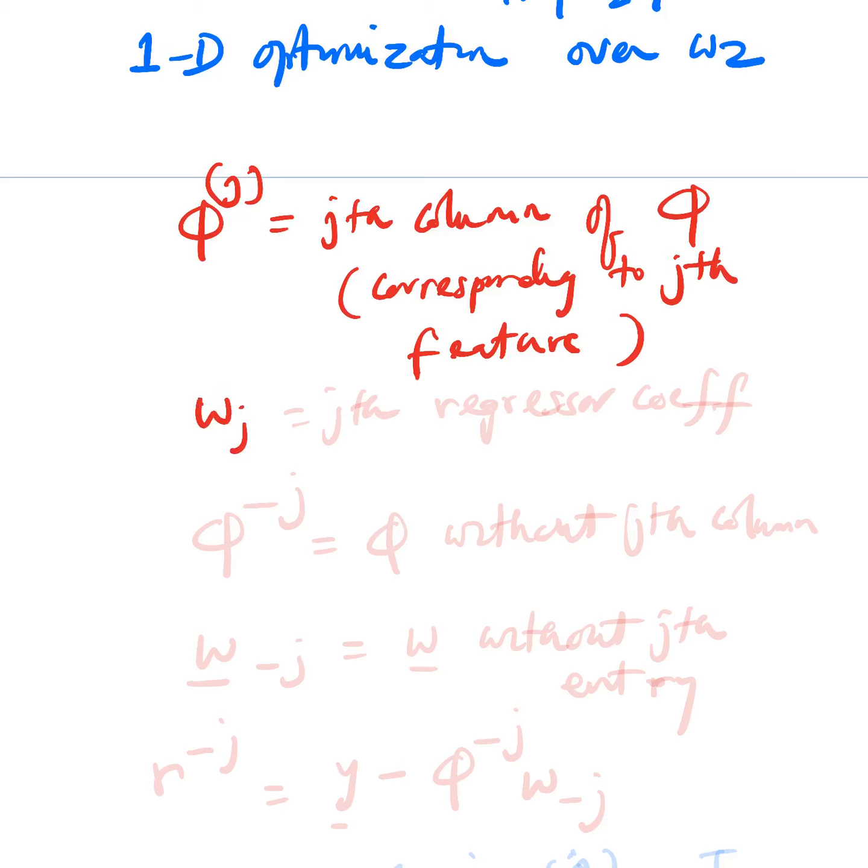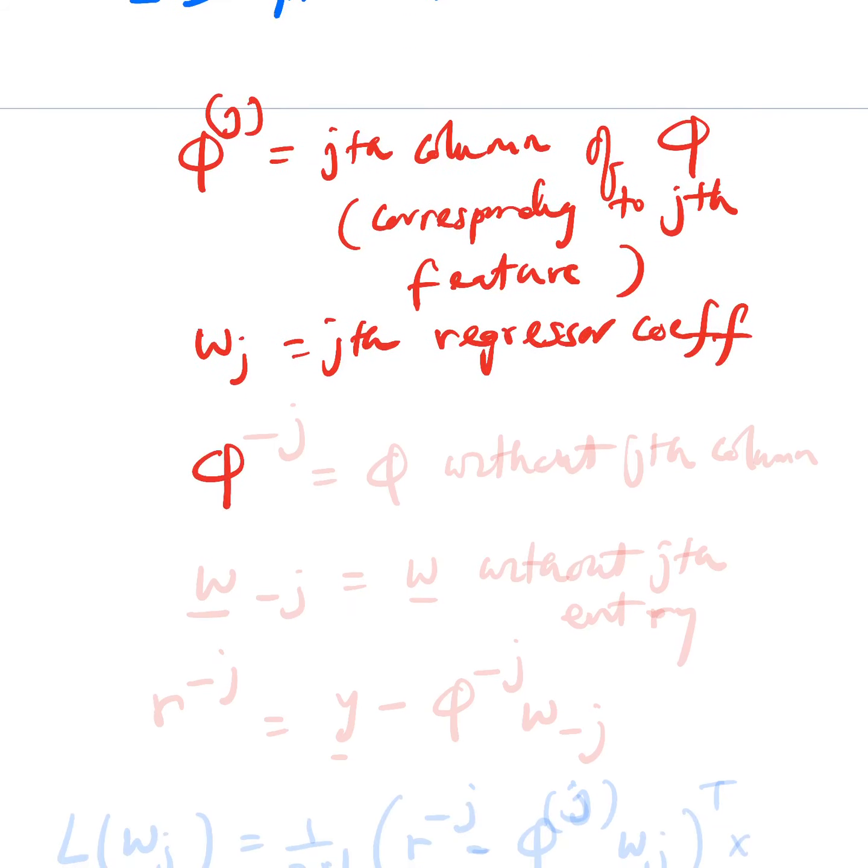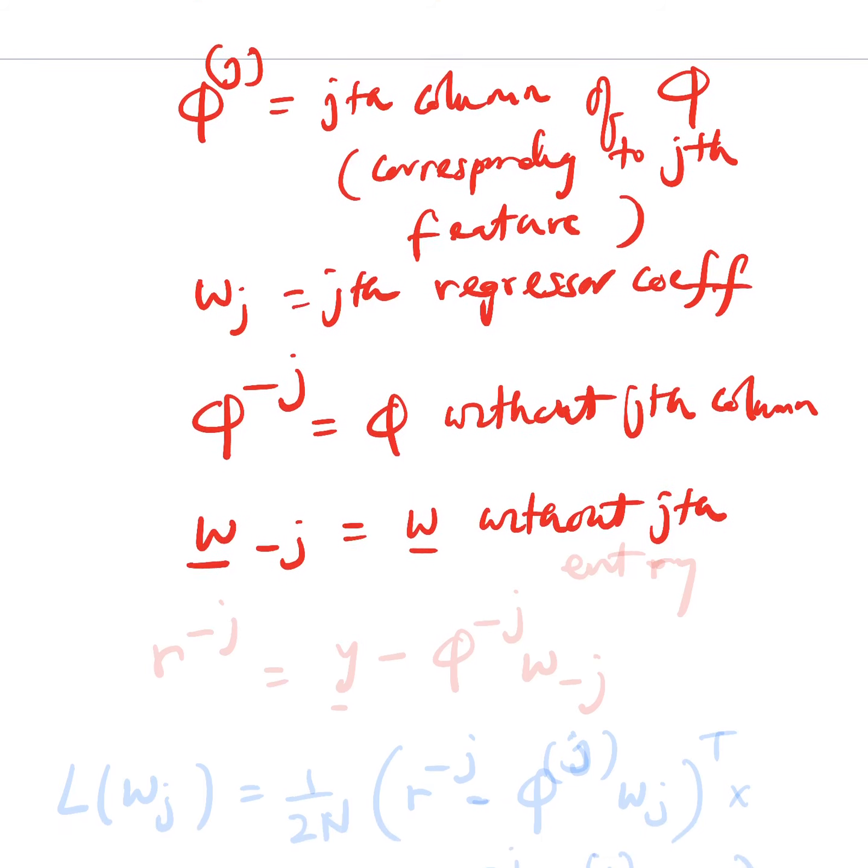Wj is the jth regressor coefficient, and then phi of minus j is phi without the jth column, and w of minus j is w without the jth entry.